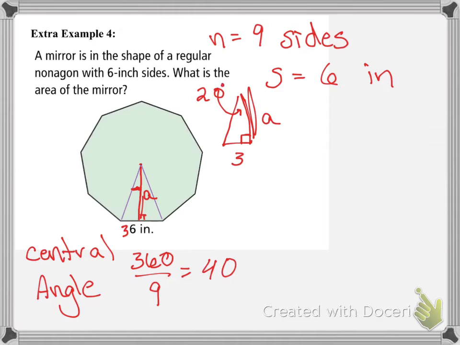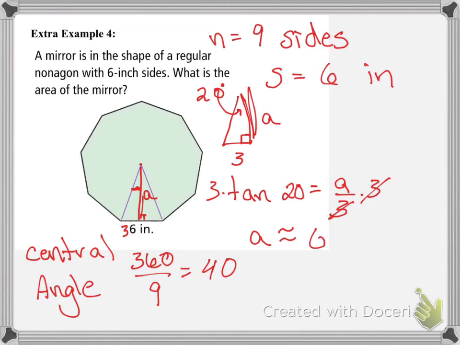I know the opposite side. I'm trying to find the adjacent, so I'd have to use tangent. The tangent of 20 degrees equals a over 3. Multiply both sides by 3. Then a is approximately 3 times the tangent of 20, which gives me a is approximately 6.71.